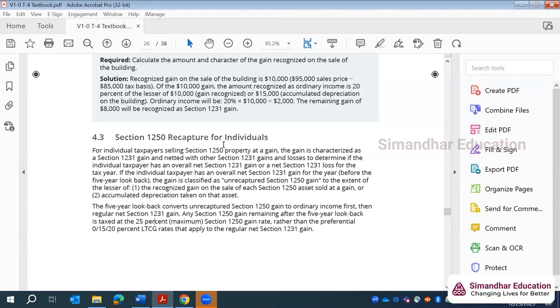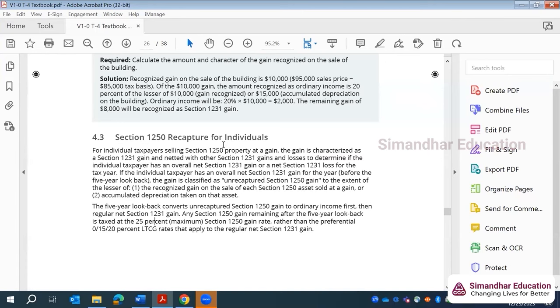Capital gains are taxed at a preferential rate, and Section 1250 gain is taxed at 25%. So there are different tax brackets for each kind of gain. Ordinary gain has a different tax rate. Section 1250 gain has a different tax rate, and your capital gains, that is Section 1231 gain, will have a preferential rate.